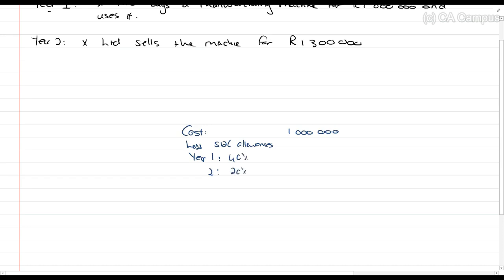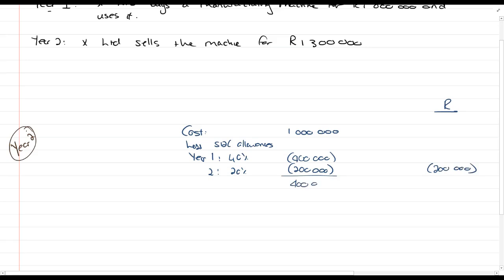So this is our rands column: 400,000 we claimed in year one, and 200,000 we are claiming now. Guys, I'm obviously doing year two at the moment, so the 200,000 rands is the current year's capital allowance. This gives us a 400,000 rands tax value.